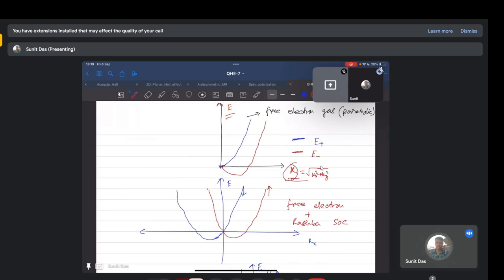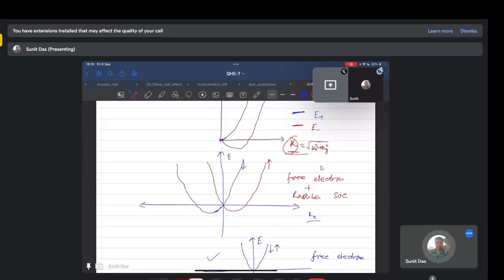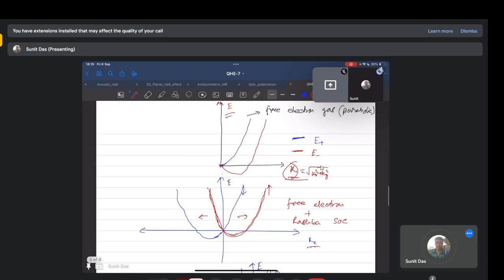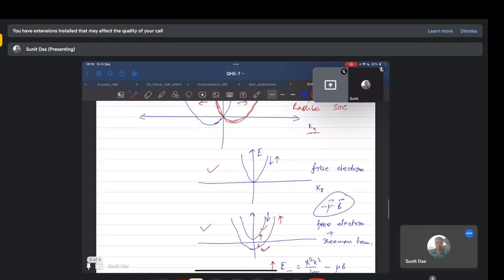Because with respect to k, when you're drawing with respect to some component, we can draw again parabolas which are shifted in k space, which will have distinct spin character. So throughout this band we will have up, and throughout this band it will have down.